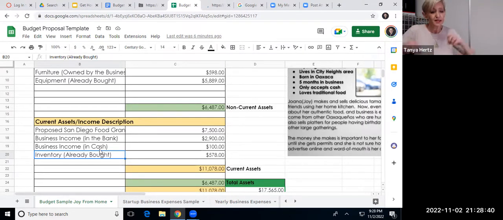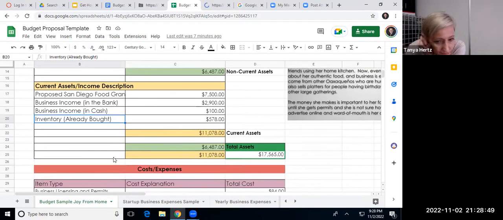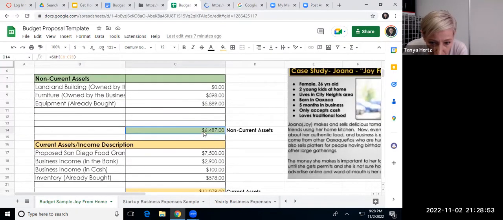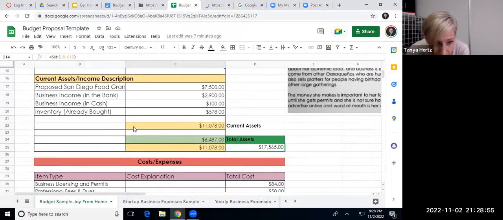So food supplies and other things that get used up, those are inventory or supplies, not equipment, right? Okay, so you add those all up and then you take your total non-current assets, and your total current assets, add those together for your total assets of, here we have an example, $17,500.